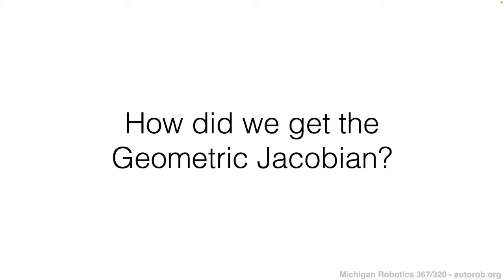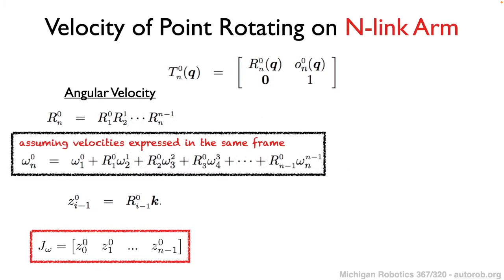So let's look at how this geometric Jacobian was derived. If we start with angular velocity, it turns out that the composed angular velocity for the end effector can be expressed as a composition shown here, where we take the angular velocity at each of the joints, transform each of them into the world coordinate frame, and then sum in order to arrive at our resultant angular velocity for the end effector.